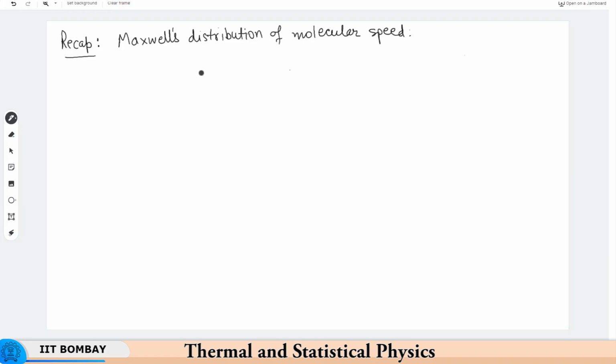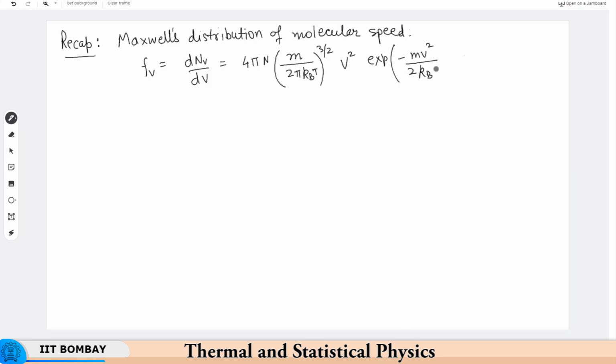right, and we derived an expression which looked like this: f of v, which is dn_v divided by dv, and this is equal to 4 pi n times m divided by 2 pi k_B T raised to the power 3 by 2 times v squared exponential of minus m v squared divided by 2 k_B T, right.